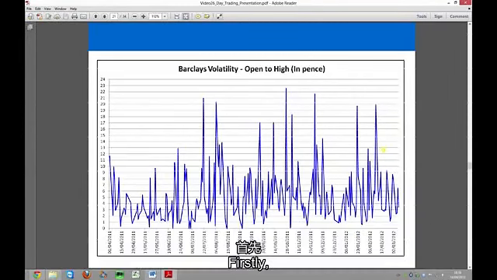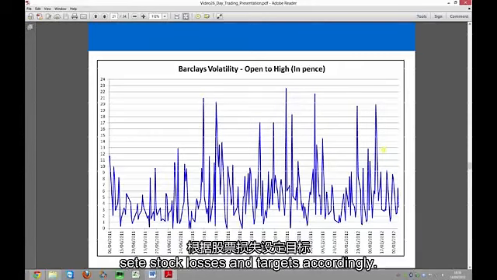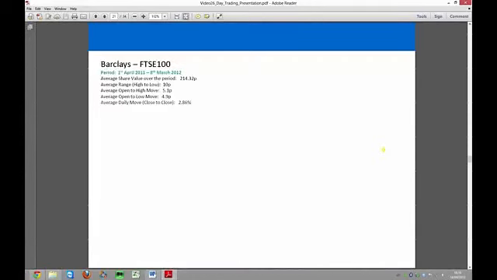So manage your expectations firstly. Secondly, set stop losses and targets accordingly.